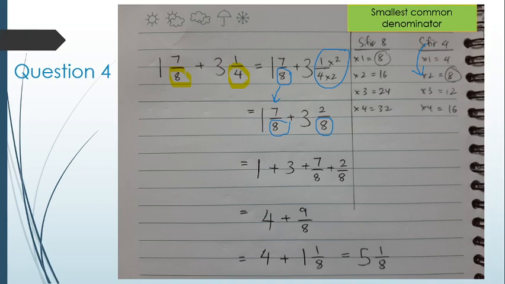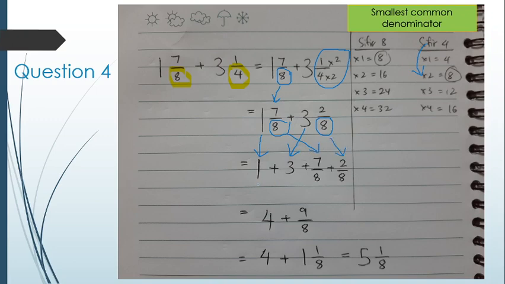We are adding mixed number. Mixed number is whole number and fraction. So you should be careful. So here whole number, 1 is whole number, 3 is whole number, so you can put it in front. 7/8 is fraction, 2/8 is fraction.